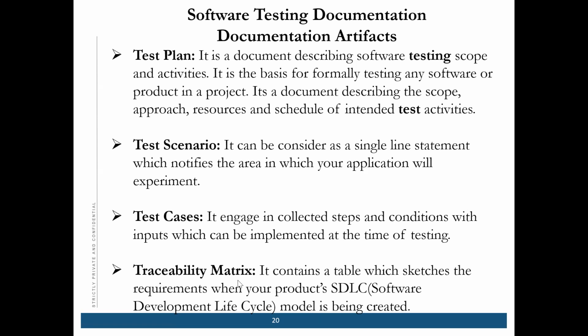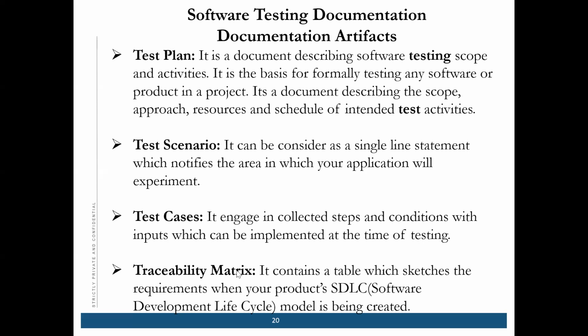Also you have to learn about RTM. What is RTM? Requirement traceability matrix. This is one more topic. You have to do this documentation and the documentation artifacts. I will ask you a few questions in the next class about test plan, test scenario, test strategy. There is one more topic, test strategy.